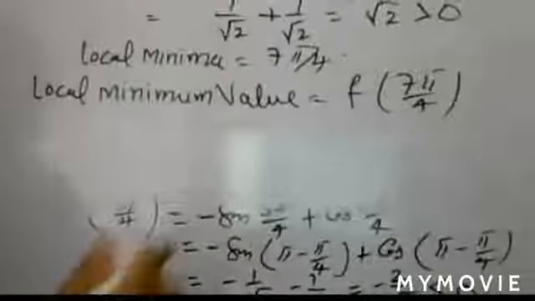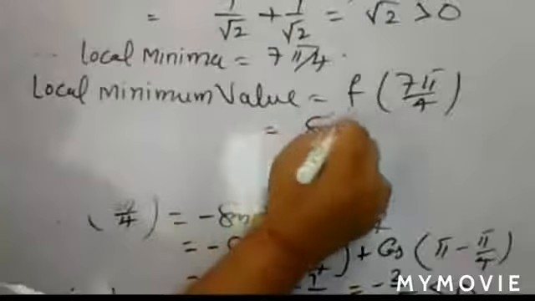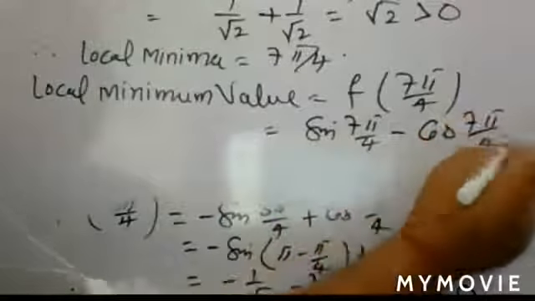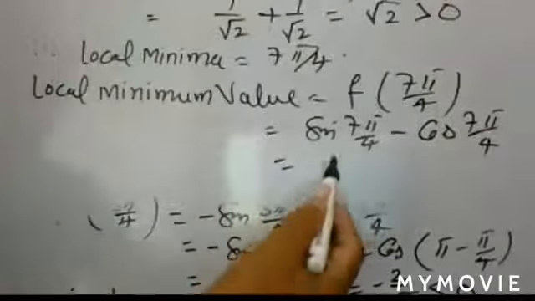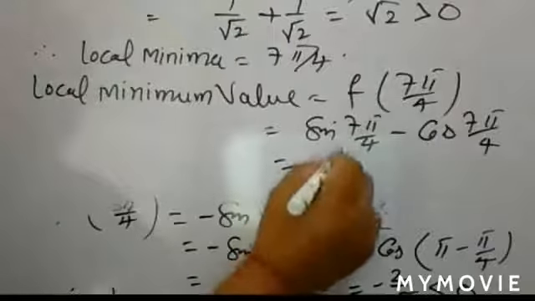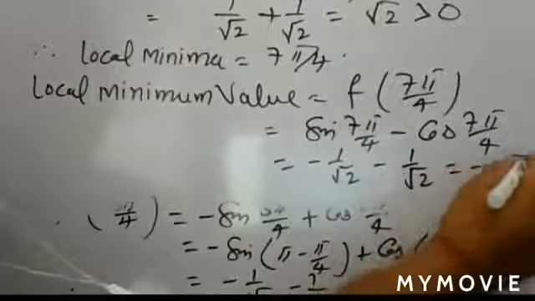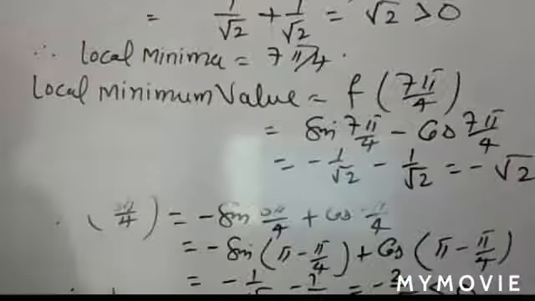Now putting that value in the given function, sine x minus cos x, so sine 7 pi by 4 minus cos 7 pi by 4. Here you already obtained its value, that is minus 1 by root 2, and minus minus 1 by root 2, which is minus root 2. So minus root 2 is its minimum value. Local minimum value is minus root 2, and root 2 is the local maximum value. So that question was asked in 2015.